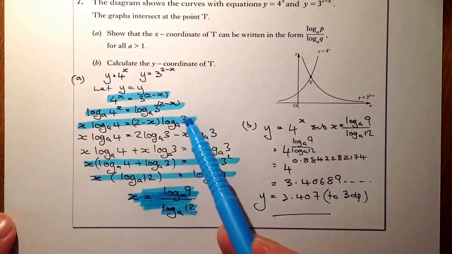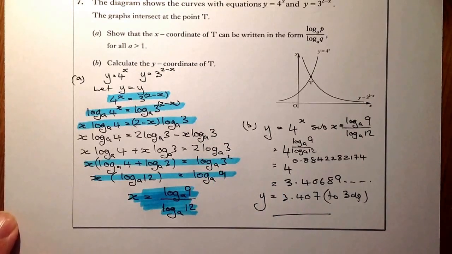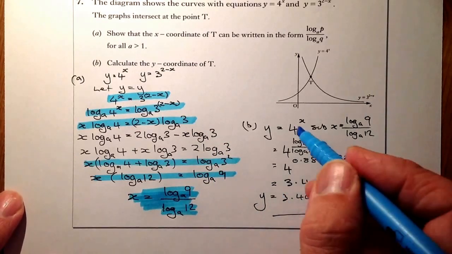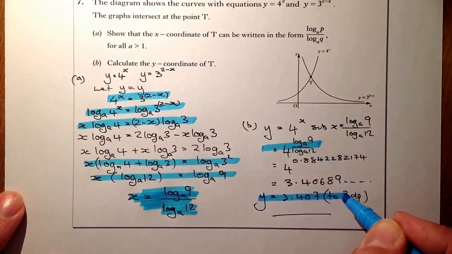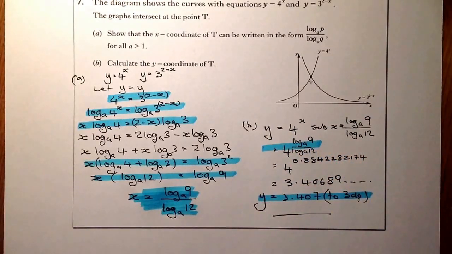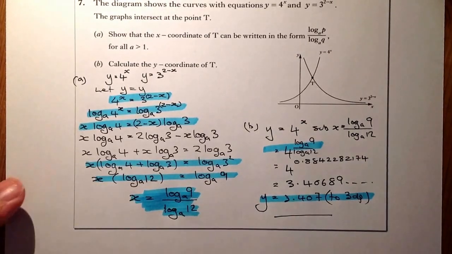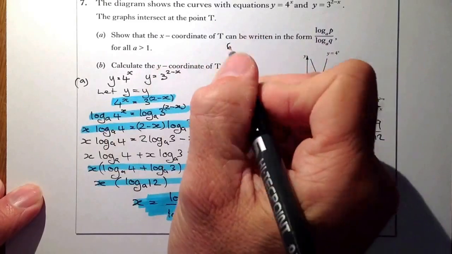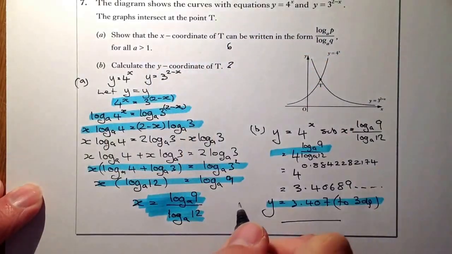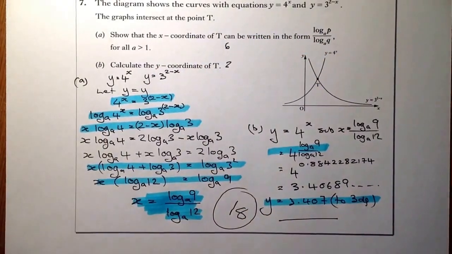So it's 1, 2, 3, 4, 5, 6. For part B we've got 1 mark for this substitution in here, and 1 mark here for getting the final answer. So part A is out of 6 marks and part B is out of 2, so that's a total of 8 marks.